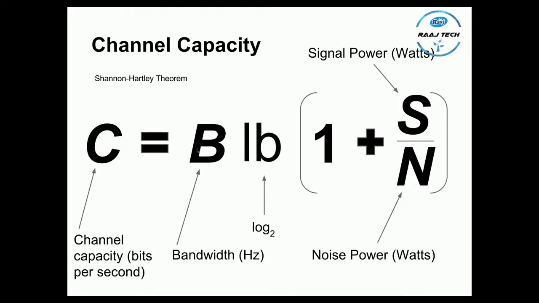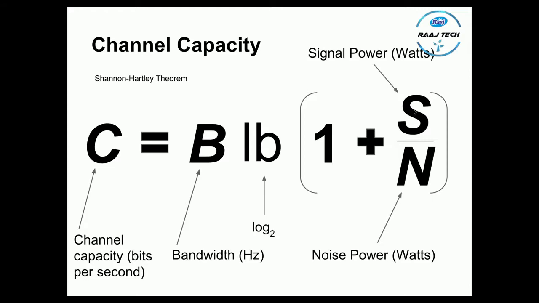So, as I increase my bandwidth, my channel capacity should increase, assuming that my signal and noise powers stay the same. If I decrease the bandwidth of a physical medium, or I switch to a physical medium that has a lower bandwidth, the channel capacity of that medium will be less than my first medium, assuming that my signal and noise powers are the same.